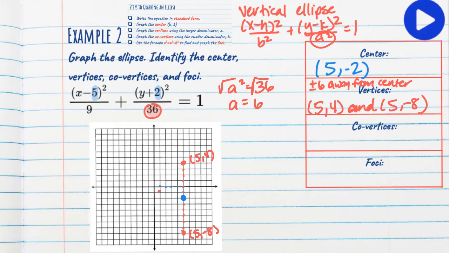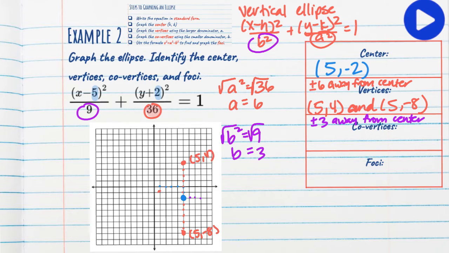Now we find our co-vertices very similarly. We just look to the other denominator, which would be 9. That's associated with the b. So we can see that b squared equals 9, and in order to find b, we square root both sides. b equals 3. So our co-vertices are plus or minus 3 away from the center. And this is going to be left and right.